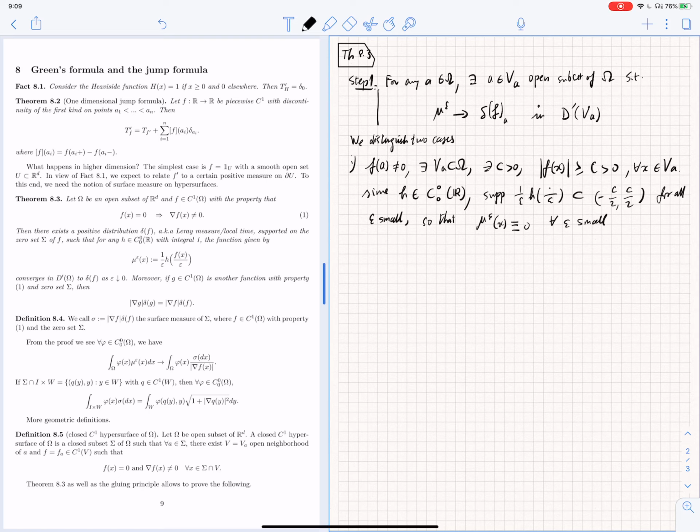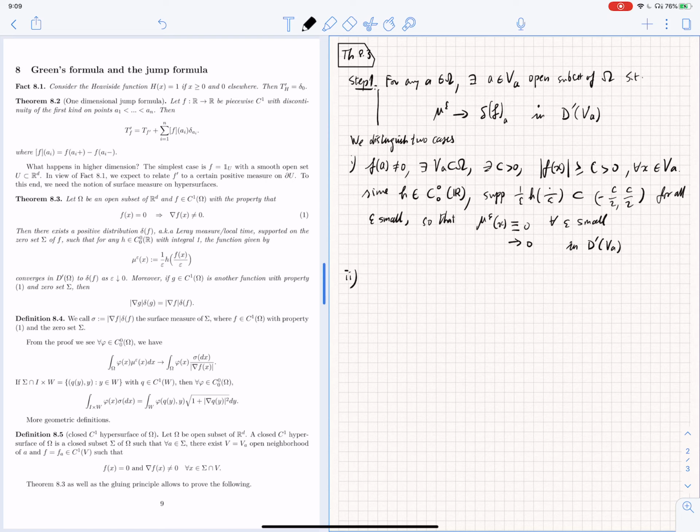So since it is constantly 0, we obviously have that it converges to 0. And we also have convergence to 0 in the sense of distribution: we apply it to a test function, and we can show that it also converges to 0 by using the dominated convergence theorem.